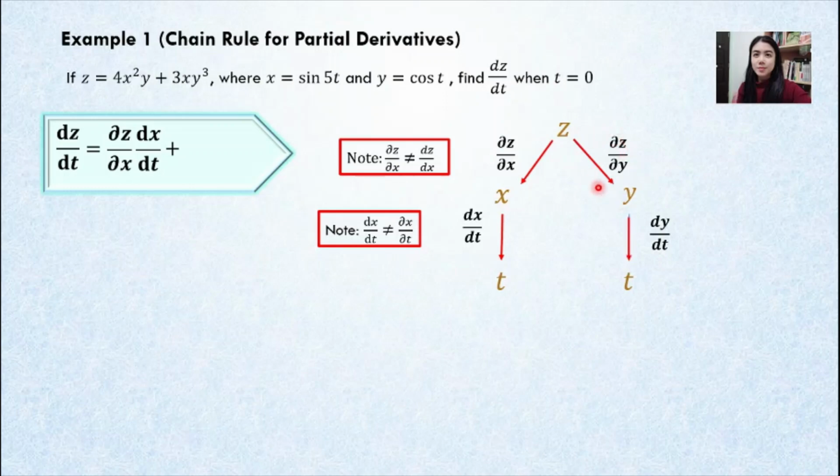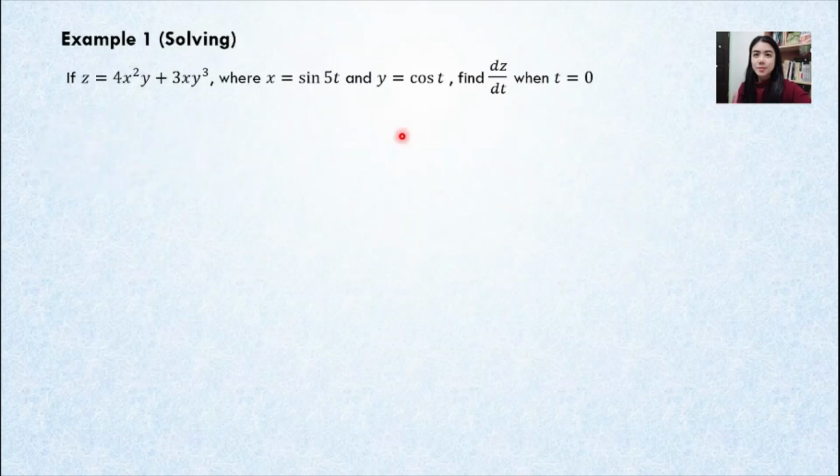Along the path, you can see del z del y and dy dt. So you multiply both of them: del z del y with dy dt. So that is the formula for dz dt.